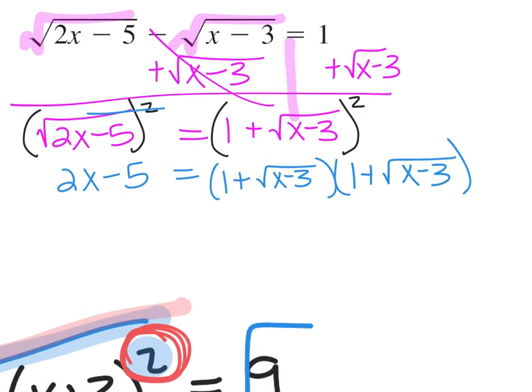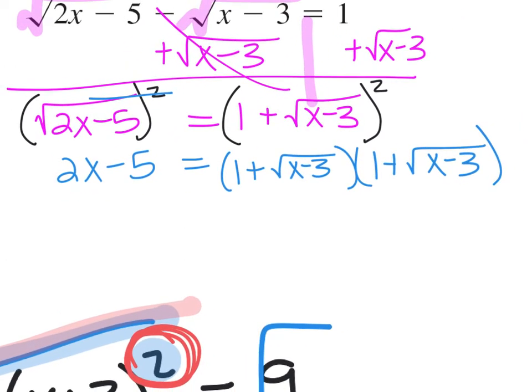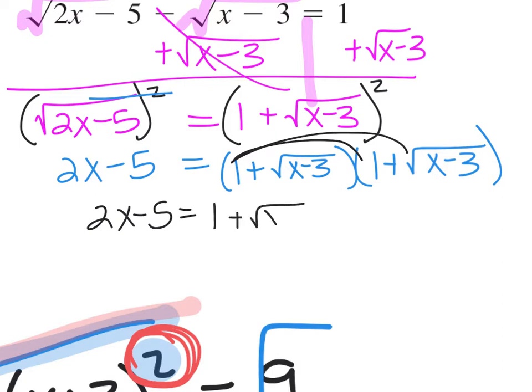Okay, so now we need to multiply that together. So we get 1, and then plus root x minus 3, and another positive root x minus 3, and then root x minus 3 times root x minus 3. Those square roots cancel each other, so it's just plus x minus 3.